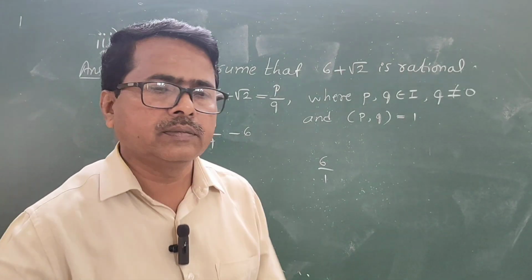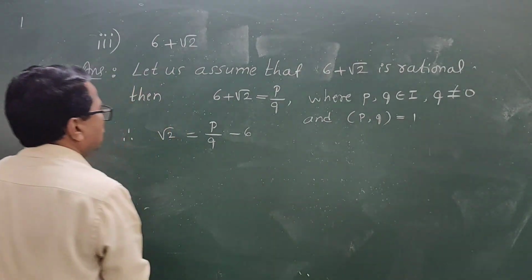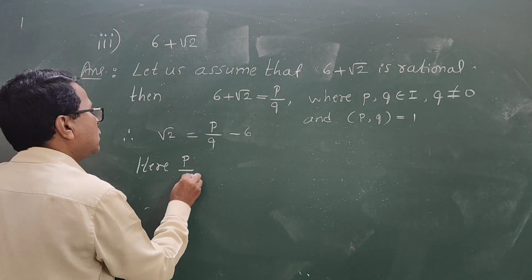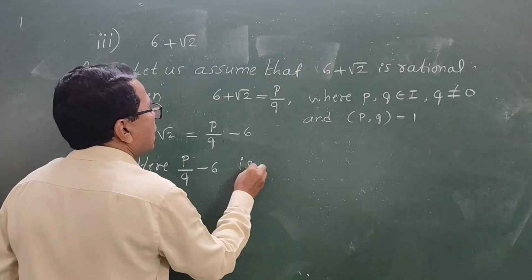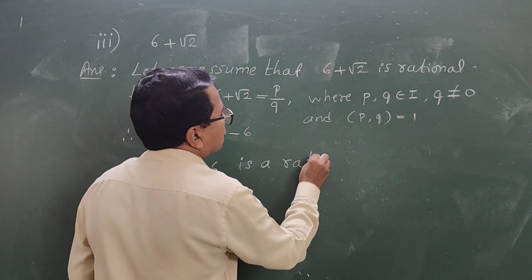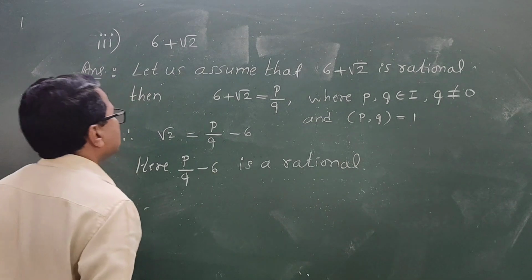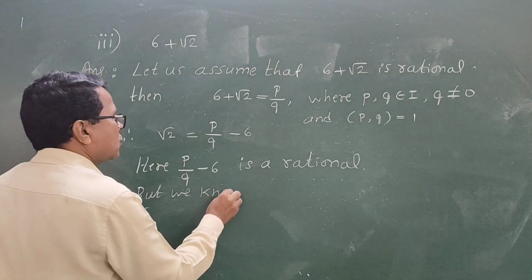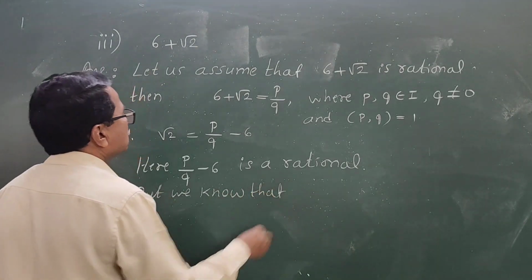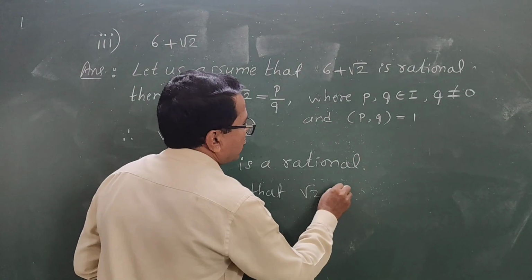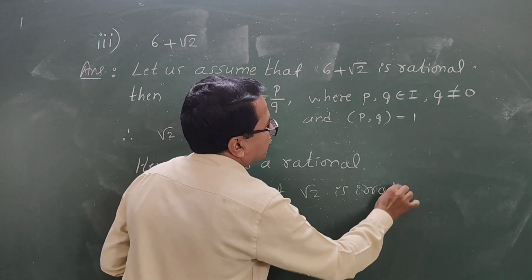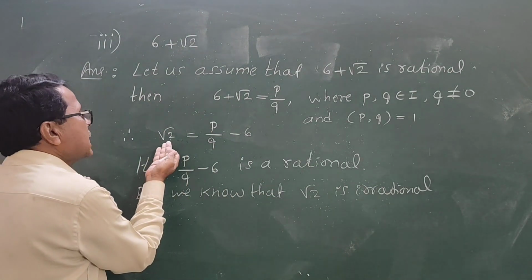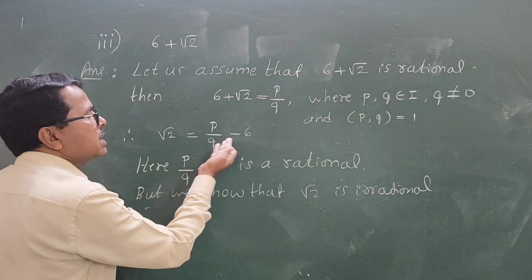So contradiction. So we can write here: p by q minus 6 is rational. But we know that square root of 2 is irrational. This is not possible. Why is this not possible? Left hand side is irrational, right hand side is rational.